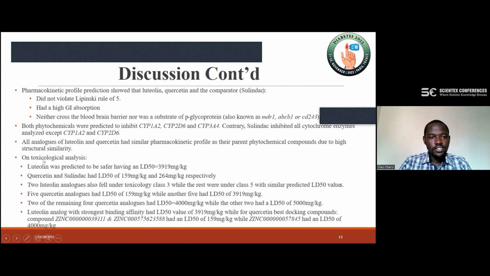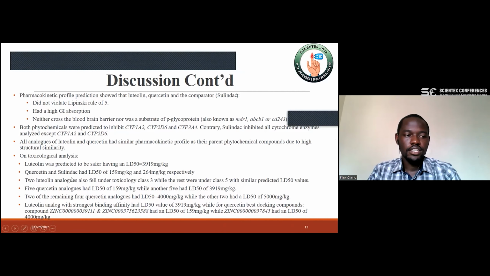So on toxicological analysis, luteolin was predicted to be safer, having an LD50 of 19 milligrams per kilogram. Quercetin and sulindac had an LD50 of 159 milligrams per kilogram and 264 milligrams per kilogram respectively, which are lower and show that these compounds are more toxic and could pose toxic problems to the body.